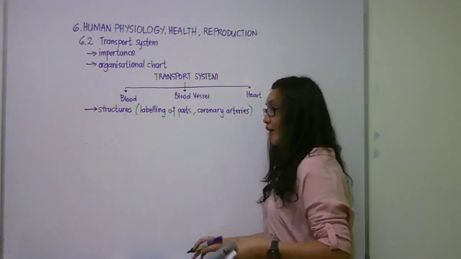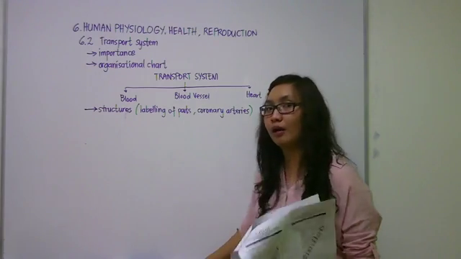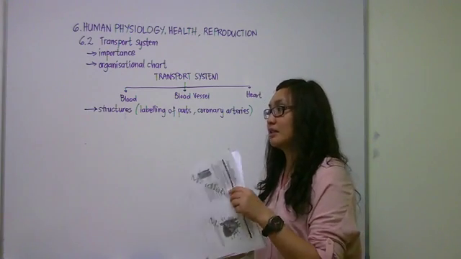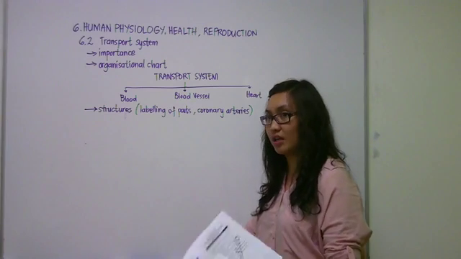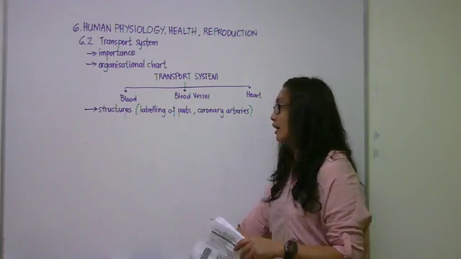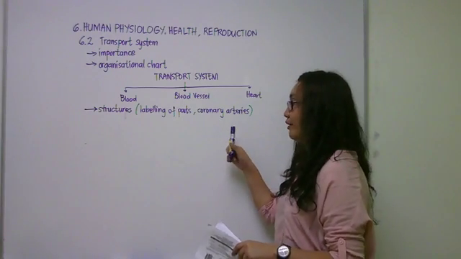The coronary artery is very important because it is responsible for supplying oxygenated blood to the heart muscles. Since the heart needs oxygen to pump blood, the only way it is able to receive oxygenated blood is through the coronary arteries.